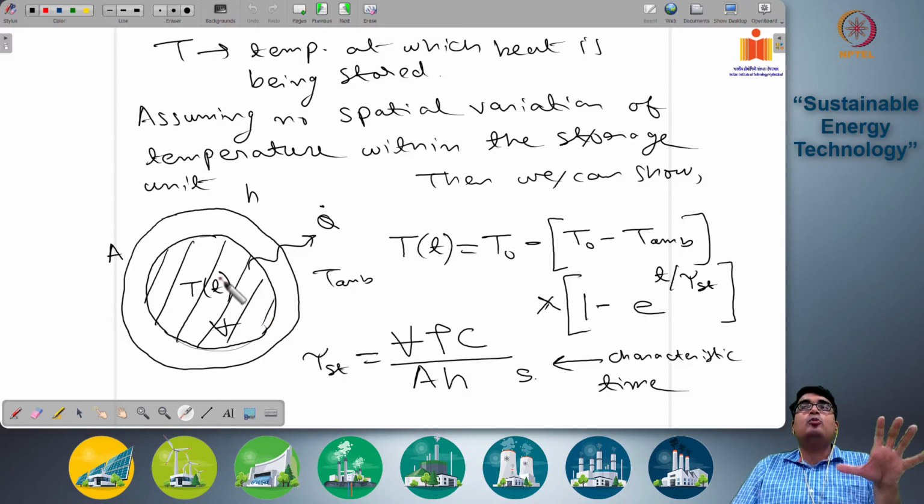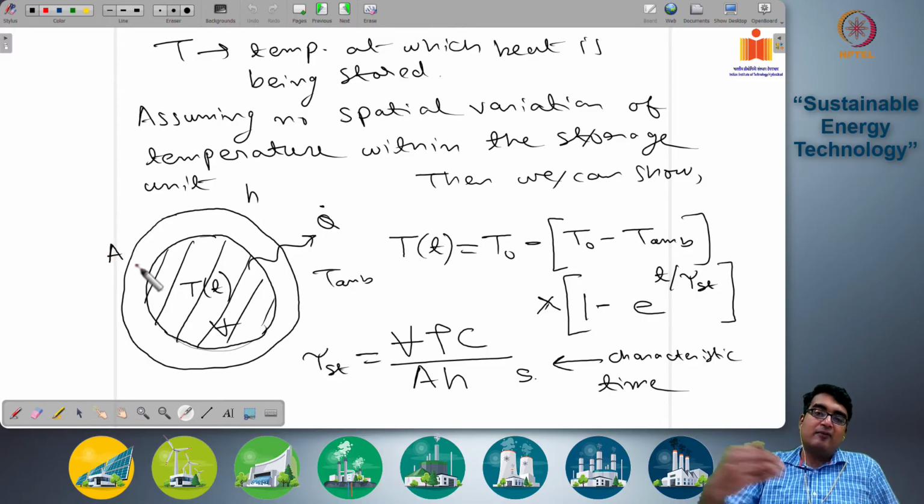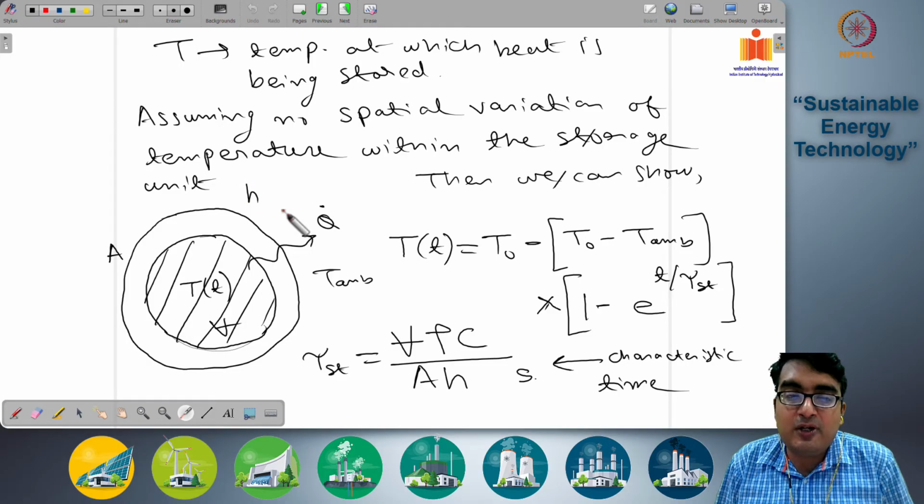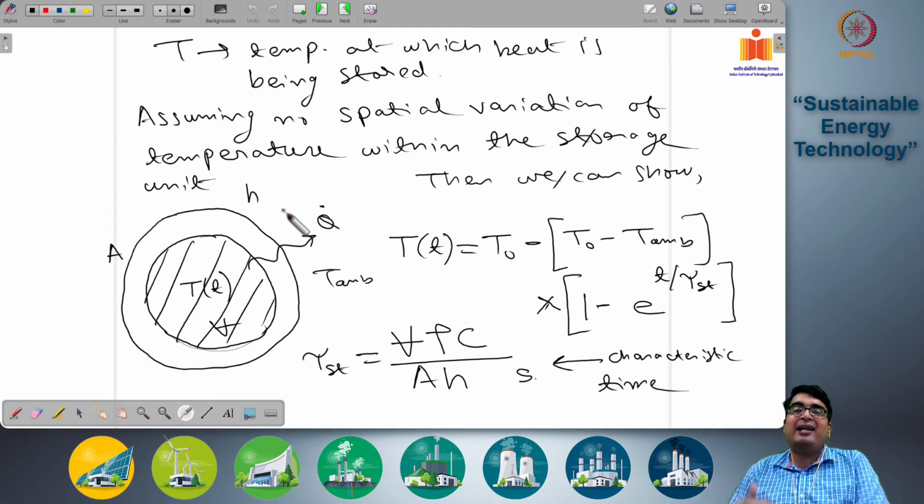The total volume of this packed dense hot material is V. This is surrounded by a concentric insulator layer, and the outer surface of this insulated layer is A, the outer surface area. So heat is being transferred from the interior of this hot brick system to the outer ambient at a heat flux Q dot, and H is the heat transfer coefficient between the storage system and the ambient.